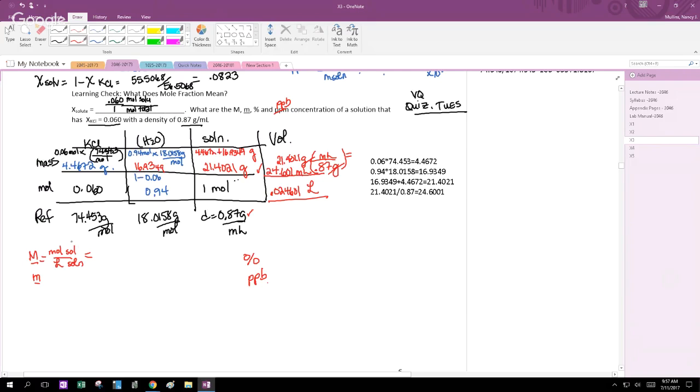I don't have to write the definition every time, but I'm doing it with you for practice. If you're working on these, label them yourselves so that it becomes natural, so that there's never a question in your mind what units go with that. So our moles of solute, 0.060, liters of solution, 0.024601.